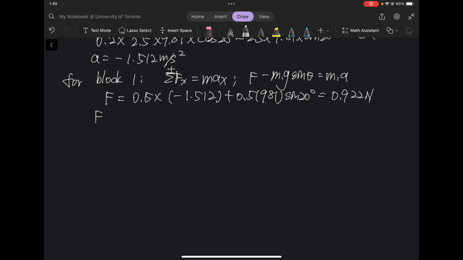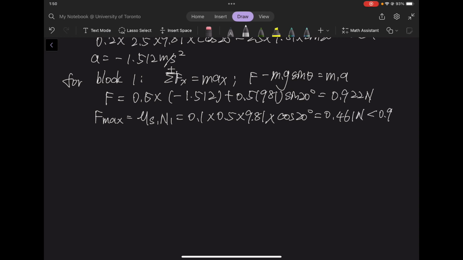So for the max friction M2 can apply to M1, we can use the static friction factor and M1 to calculate that, which is 0.1 times 0.5 times 9.81 times cosine 20 degrees equal to 0.461 Newton, which is smaller than 0.922 Newton.